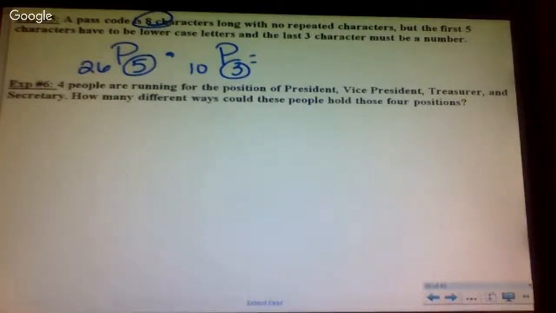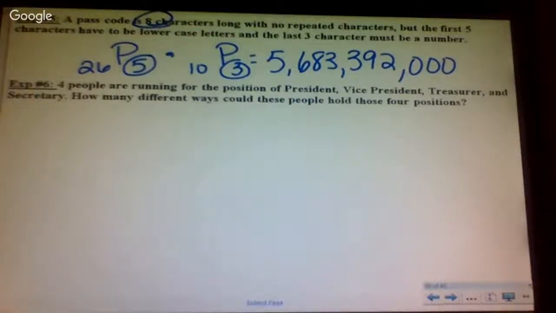If we plug that in, you get 5,683,392,000 different passcodes. Even when the bottom is so little.